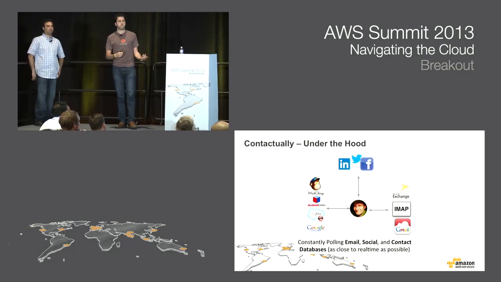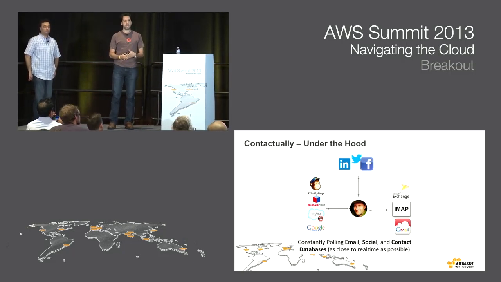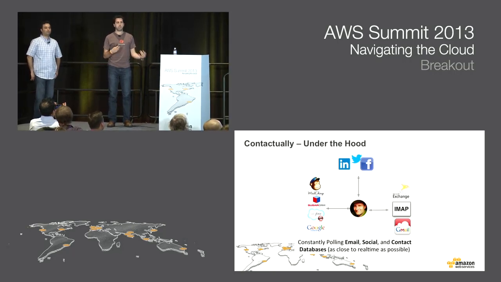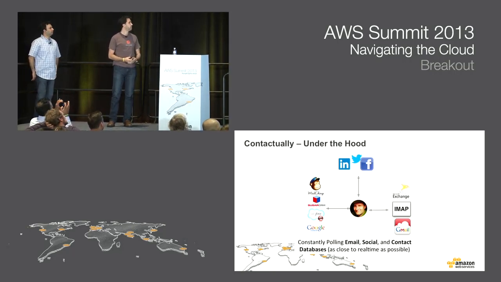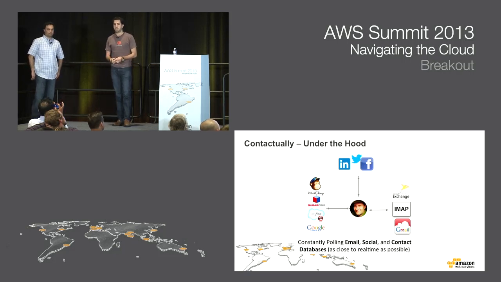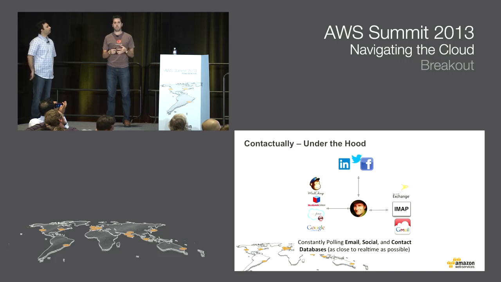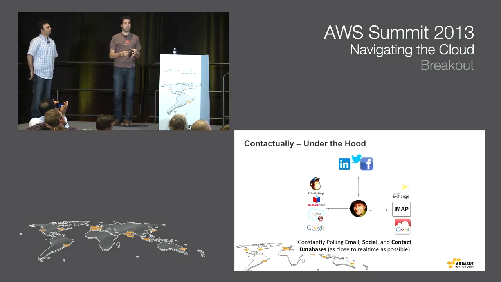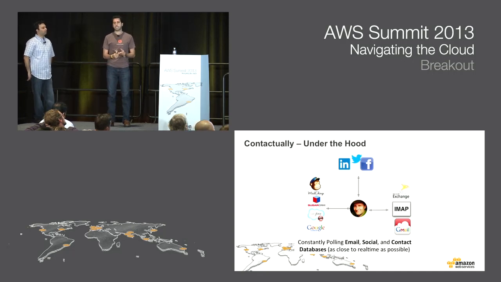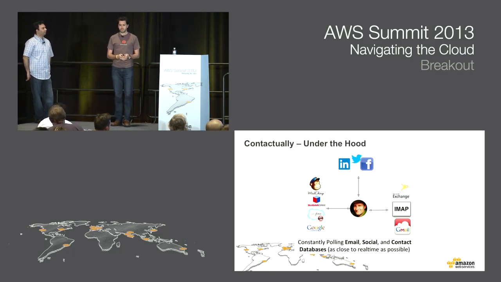We allow users to connect multiple email accounts, social media accounts, CRMs like Salesforce, Highrise, contact management systems like MailChimp. And we pull in all this data and try to give our users a real-time view of what's going on in their network with their contacts and their relationships. For instance, when the last time they talked to a specific person was, what they talked about, any updated information like a new phone number or a job change.